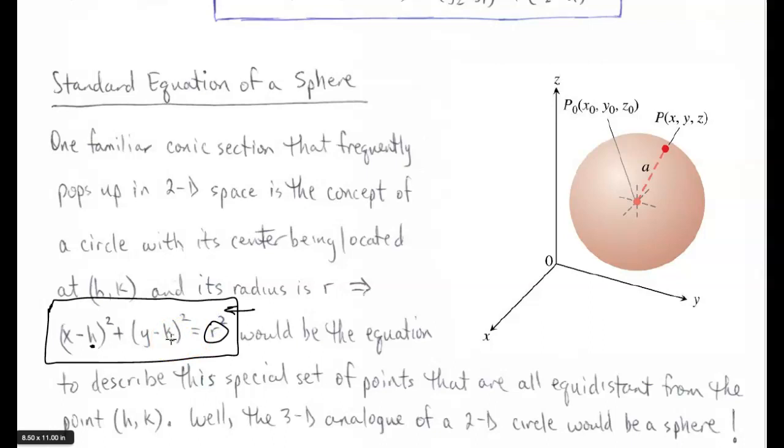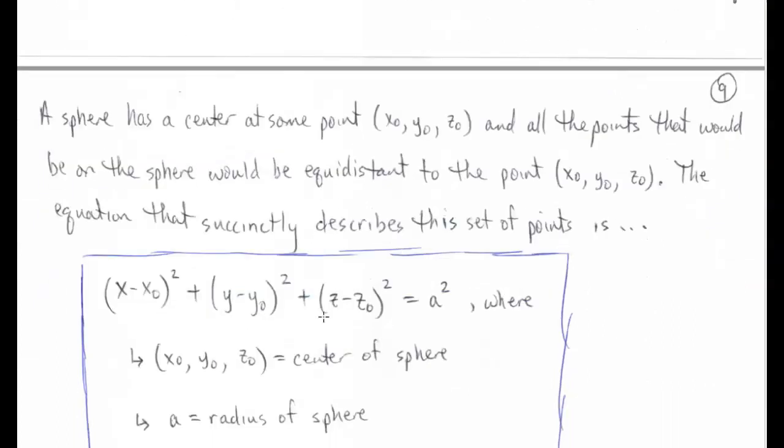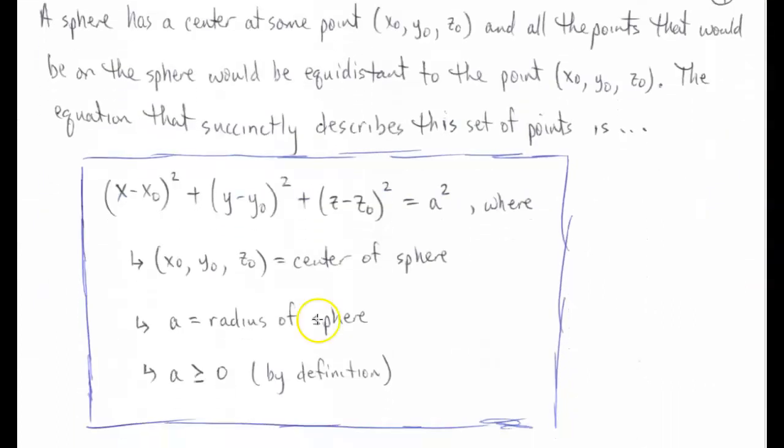Of course, the center now is going to be an ordered triple instead of an ordered pair, and the radius is going to be able to emanate out not only in one direction but several. Okay. And so if we look at the formula for that, it just ends up being this here.